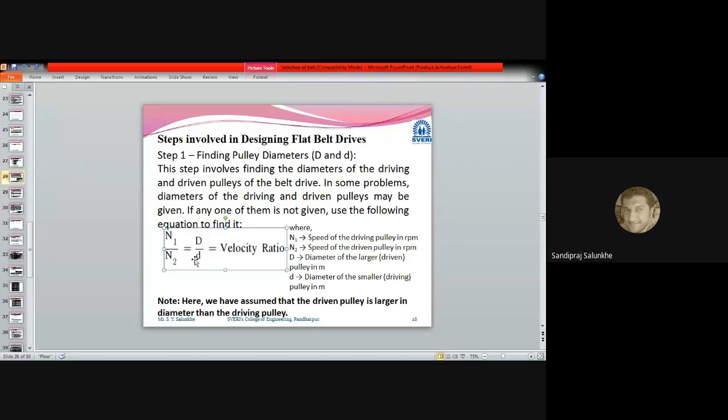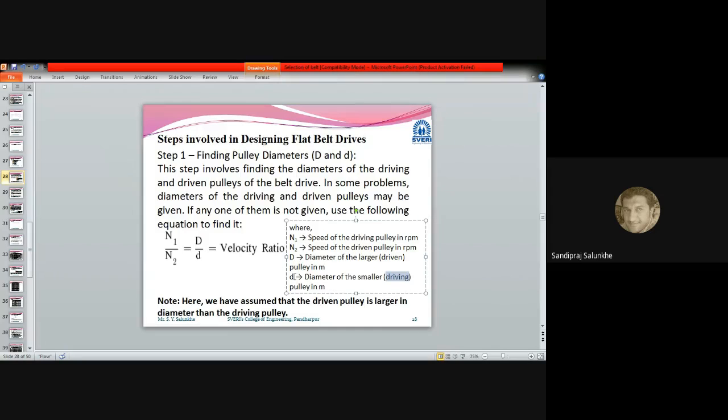That capital D we are going to use for the bigger pulley, whereas the small d you are going to use for the smaller pulley. That is mentioned here: n1 is the speed of the driving pulley in RPM, n2 is the speed of the driven pulley in RPM, capital D is the diameter of the larger, that is driven pulley, and small d is the diameter of the smaller pulley, that is driving pulley.